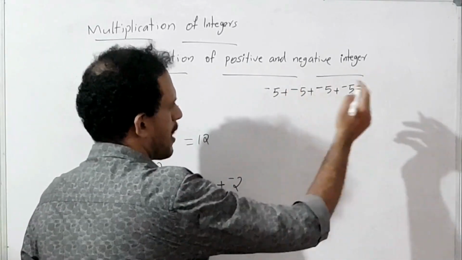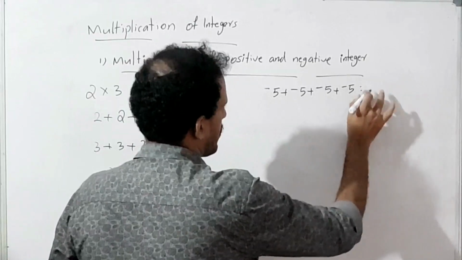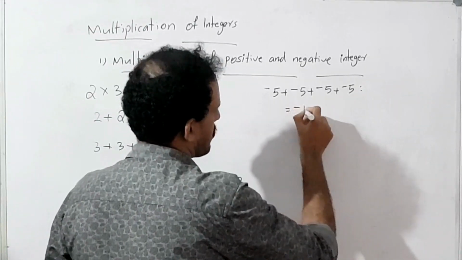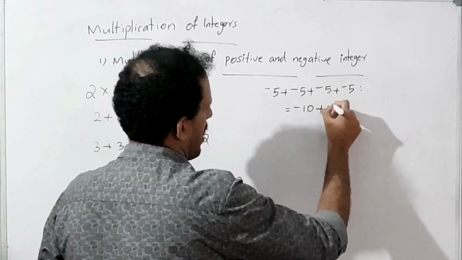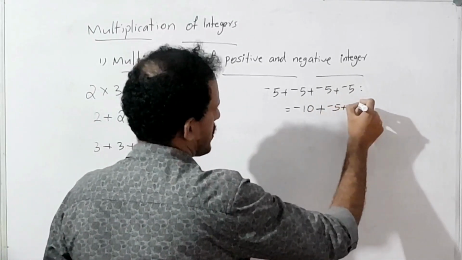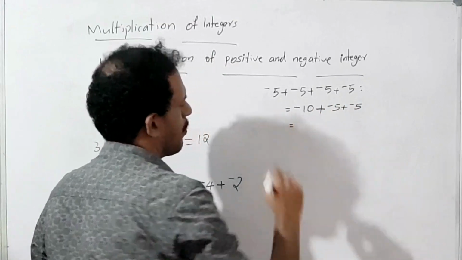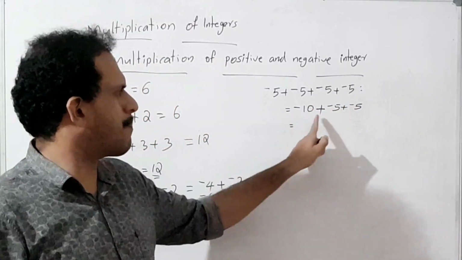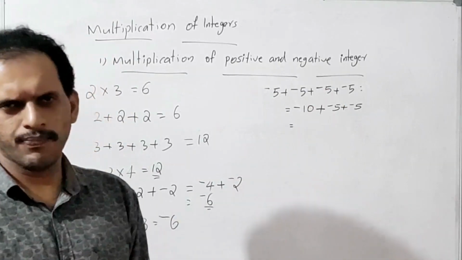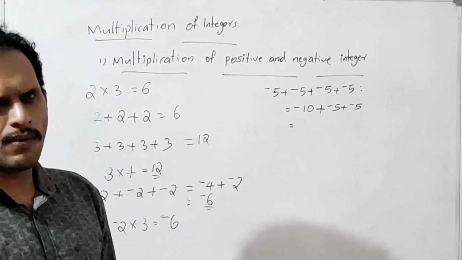The sign is also the same, so minus 10. Then the remaining minus 5 plus minus 5: next we have minus 10 plus minus 5. Both are again negative, correct?